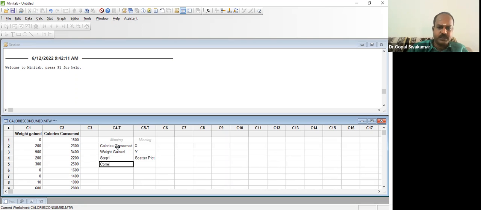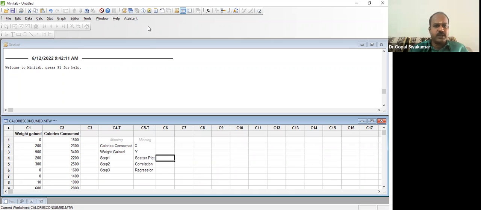Then you can either go for correlation, and then you can go for regression. Sometimes step 2 may not be required. You can directly go. So we'll see how we can do it.